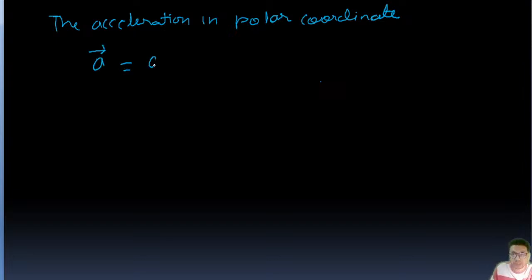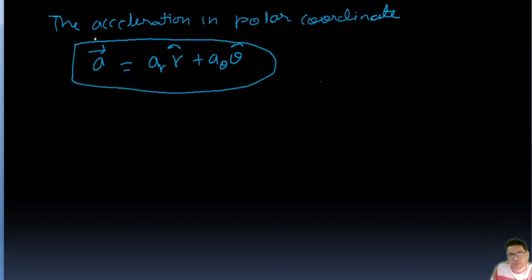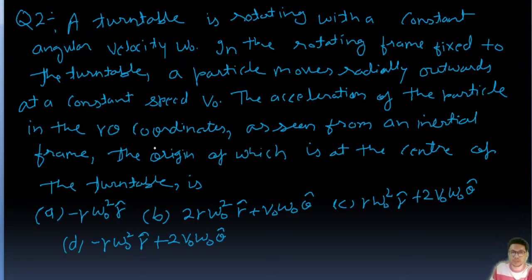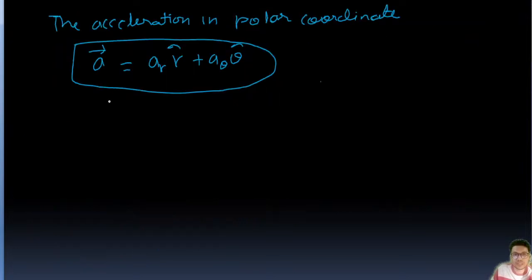We need to find A, which is A r cap plus A theta cap. The acceleration of the particle in r theta coordinates means we need to find the acceleration in polar coordinates.